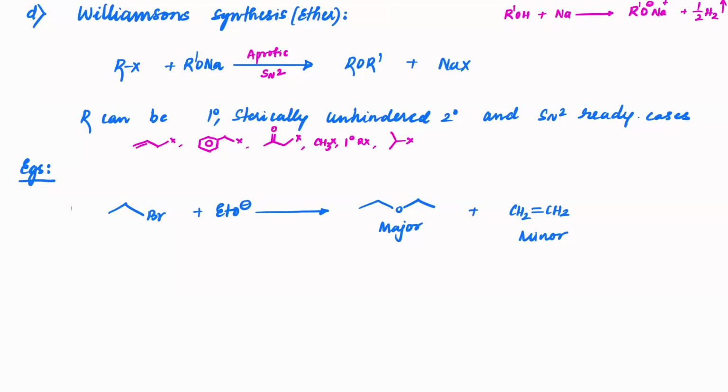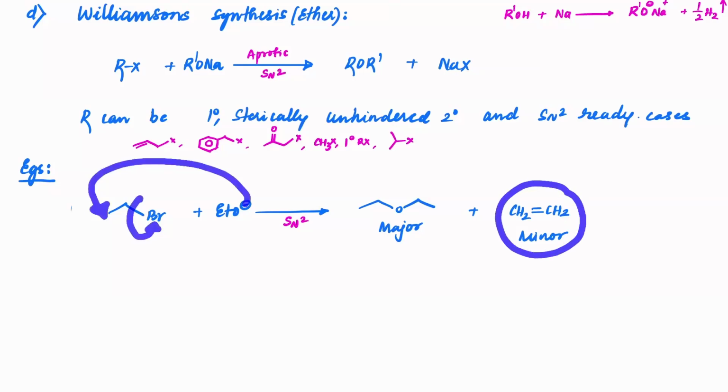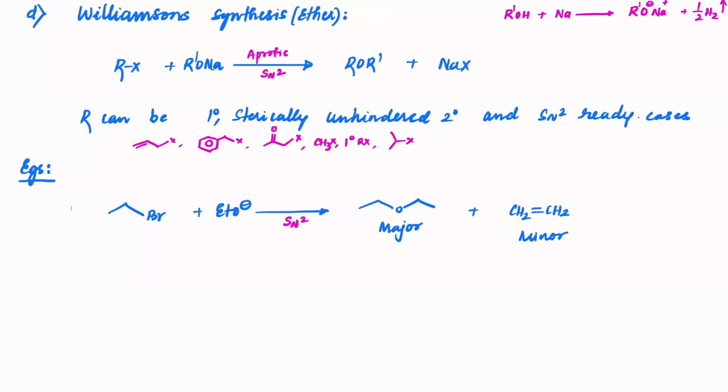And you know that because it is highly SN2 favorable, this will be major. But at the same time, ethoxide is a very strong base. Because of its strong base character, it can take H plus from here, relieve Br, and make a product like this via E2 mechanism. So this is via SN2, this is via E2 mechanism. Feel good?